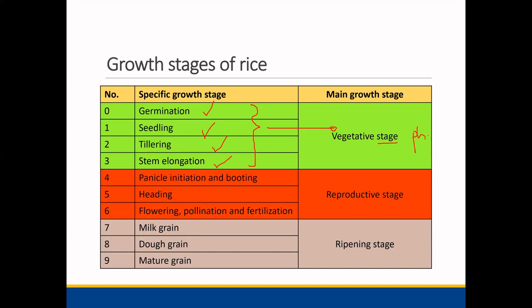Whatever it is, fine. Vegetative stage, sometimes you can find in the reading materials, or maybe vegetative phase. So we have studied so far the specific stages within the vegetative stage, that range from 0 to 3. So it covers four specific stages. Any questions?